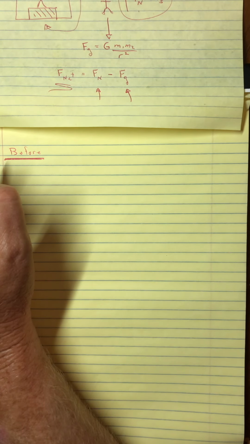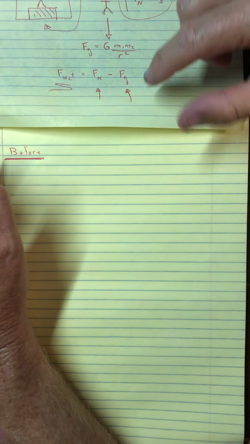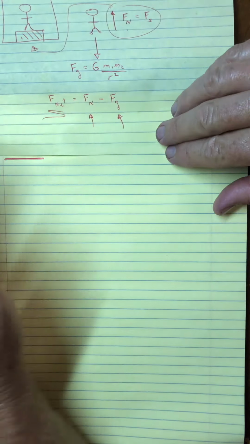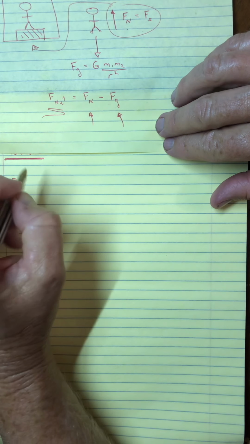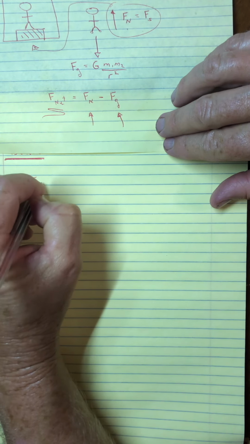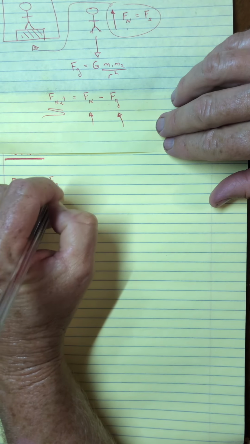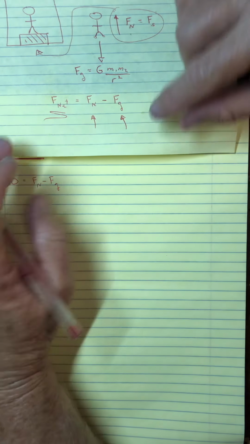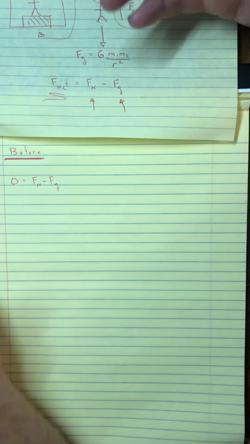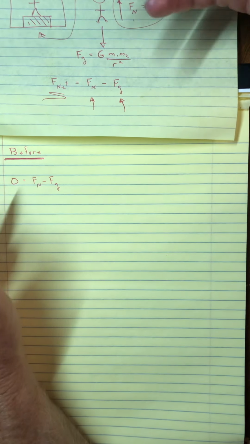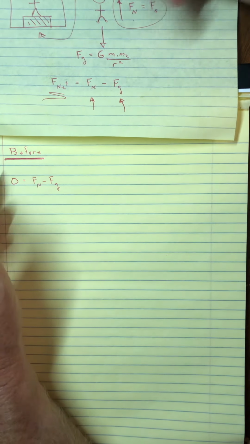So I'm going to take it to mean that the elevator is not moving at the time, just standing there on the scale, because I want to be able to say here that the net force is equal to 0. Or put another way, this is how a scale normally works. You normally stand on a bathroom scale in a place where you're not moving. It's usually on the floor of the bathroom. And your net force is 0.